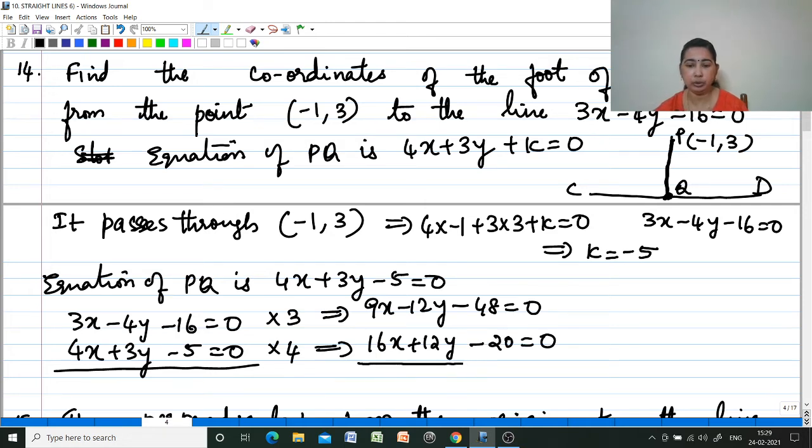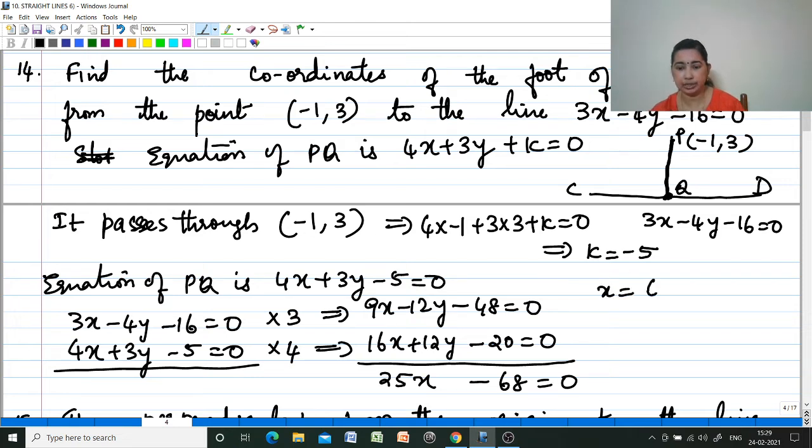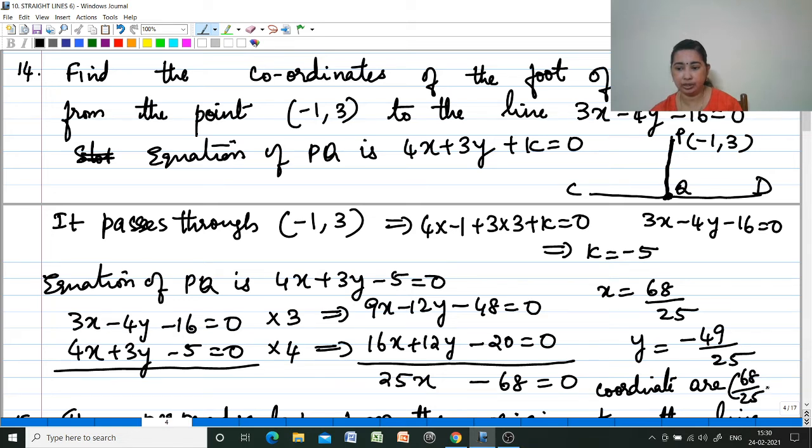If we add both equations, we get 25x minus 68 is equal to 0, or x is equal to 68 by 25. Substituting in either the first or second equation, we get y as minus 49 by 25. So the coordinates of Q are 68 by 25 comma minus 49 by 25.